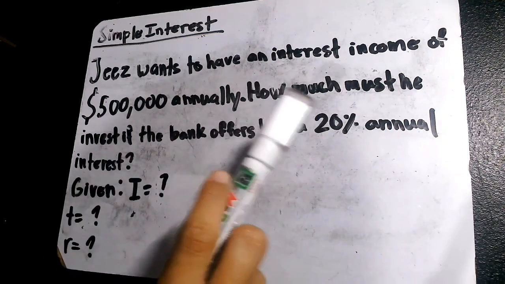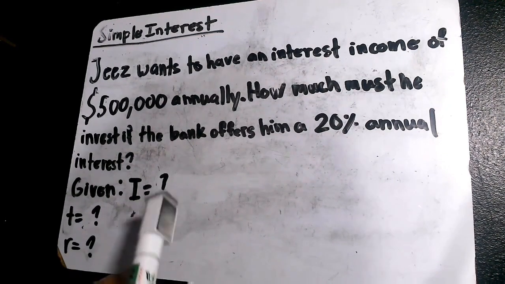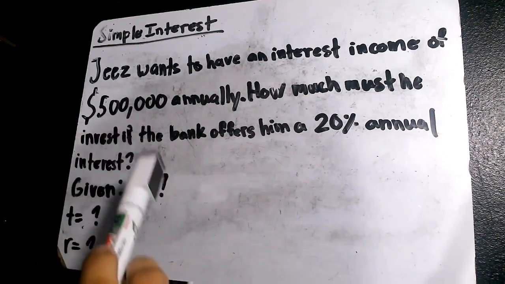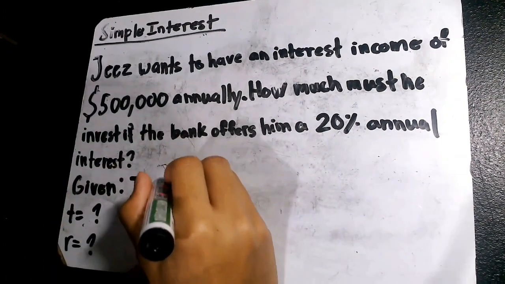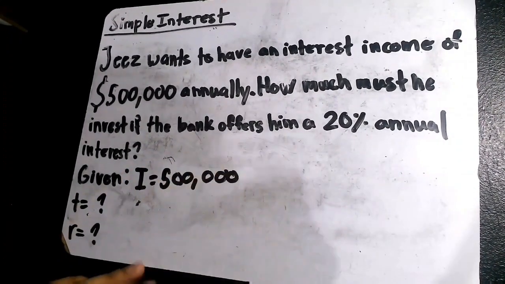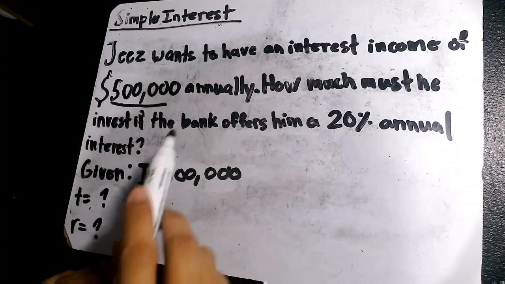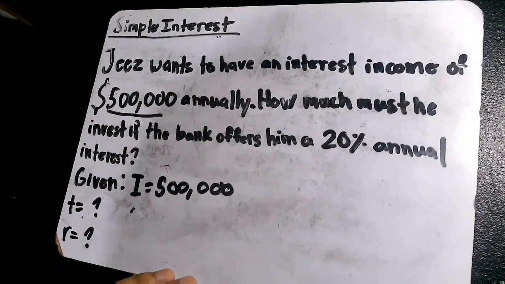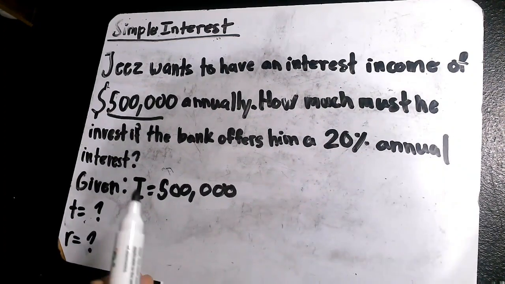It said interest income, and I stands for interest. So $500,000 will be written in I, or interest. And annually, which is yearly or 1 year, can be considered as T or our time.